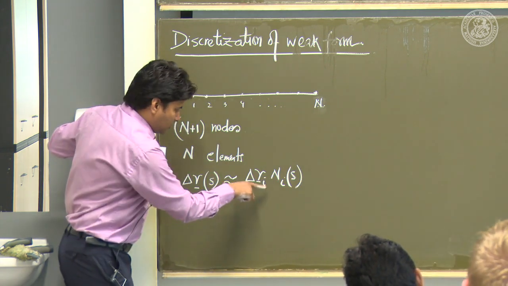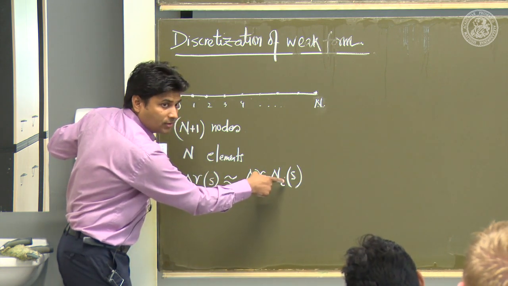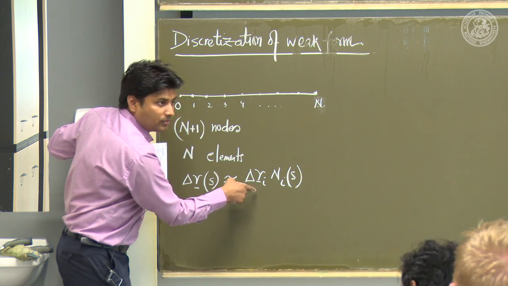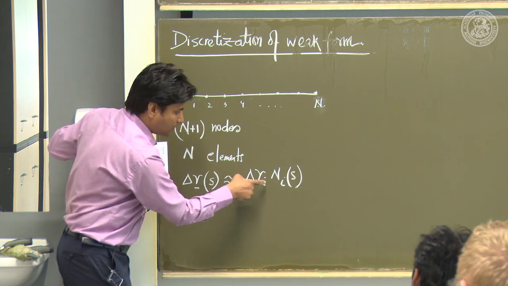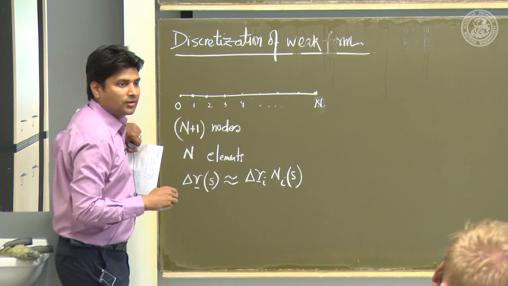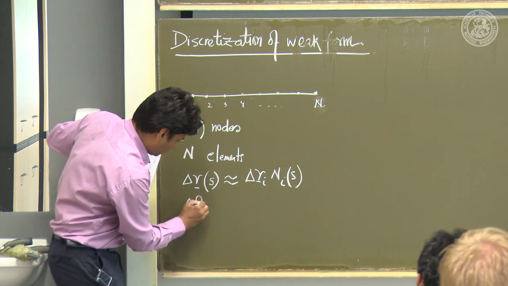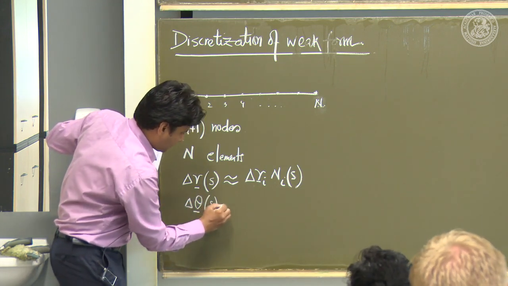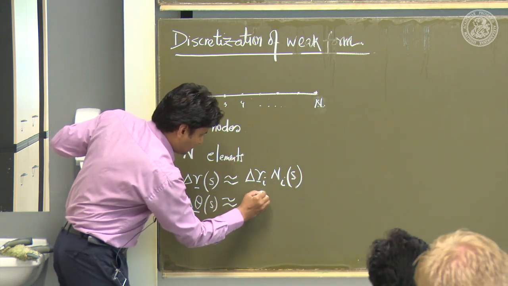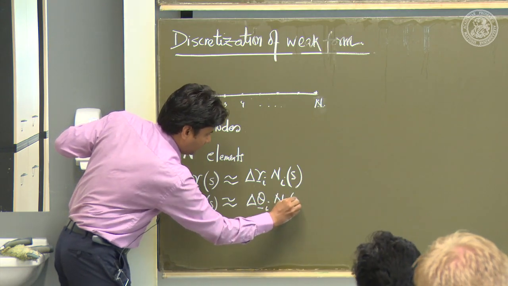So, this s dependence has all moved on to shape functions, and delta r_i's are simply some constants. They are not functions of s. All the s dependence has moved to shape function. Similarly, for delta theta, that's also approximated by delta theta_i N_i of s.